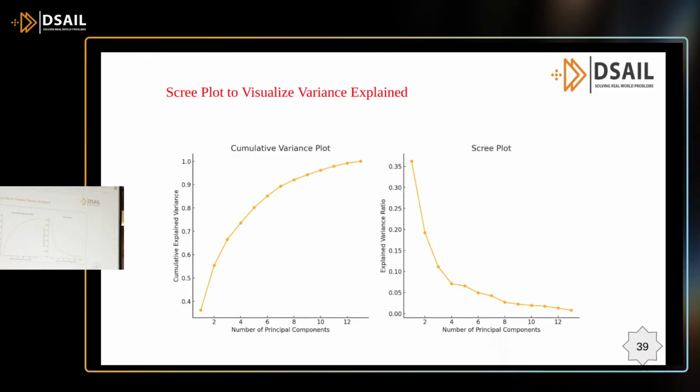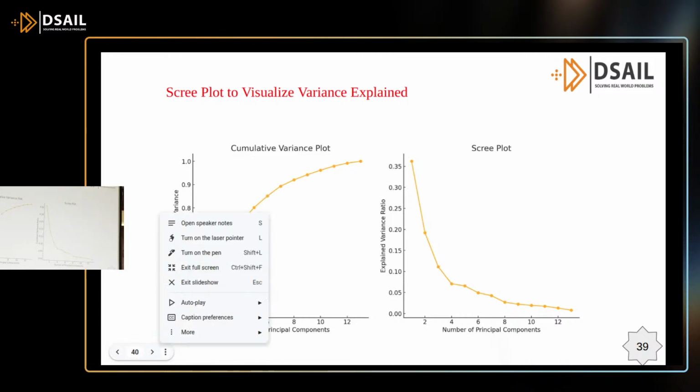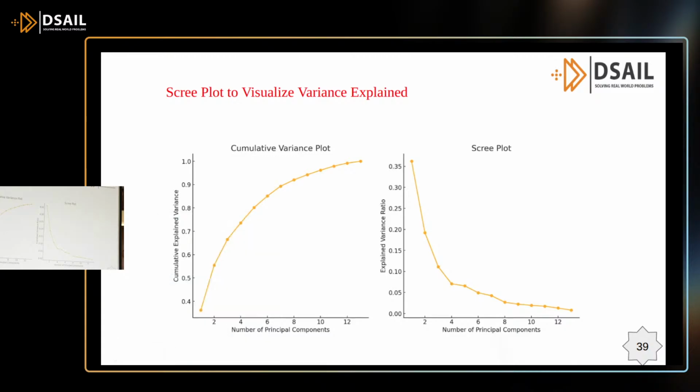Based on your data, if you're plotting, then it will be different. Maybe this was a different data. But in some cases, you can find that only 3 or 4 principal components are able to explain more than 95% of your total variance.